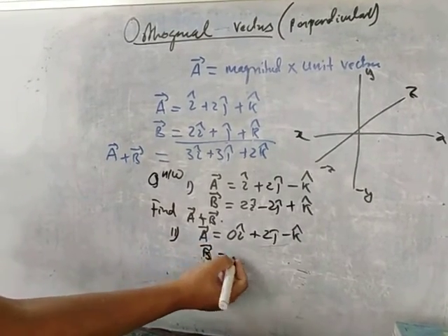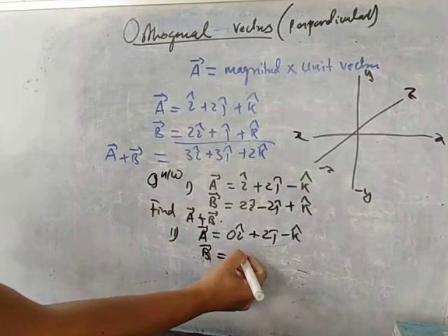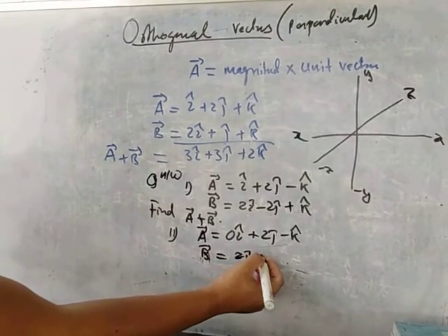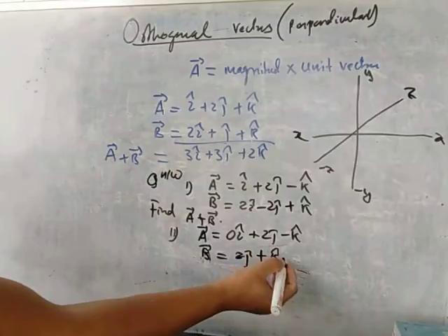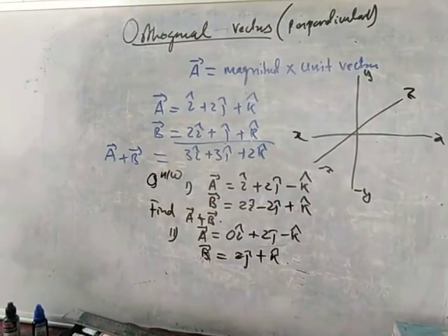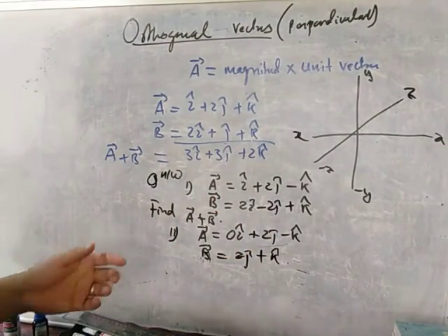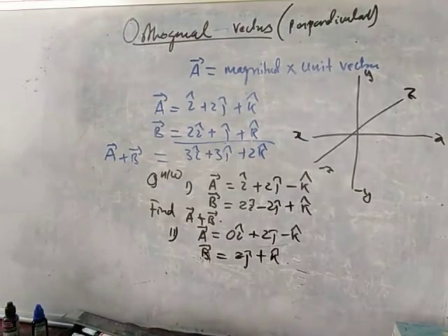Vector b equals to 2j cap plus k cap. यो दुईटा होमवर्क तिम्रो, ओके. मजाले कपी गर, then add them. So see you soon.